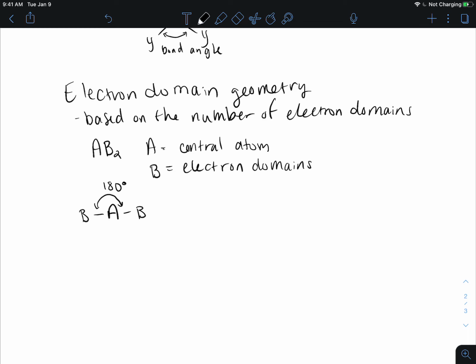And these electron domains can be atoms, as I've shown here, or we could also write one of them as an electron pair. Okay. In either case, we have an electron domain geometry. And I'm going to start writing electron domain as just ED.